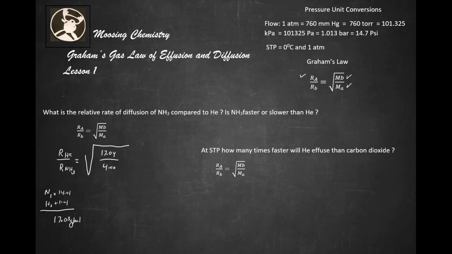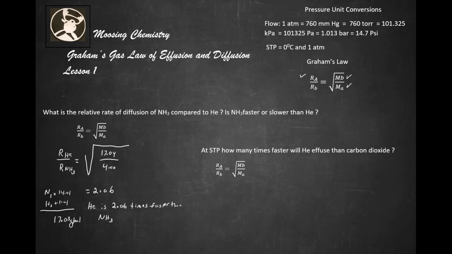So the square root of 4.26, I get 2.06. So helium is 2.06 times faster than NH3, and that makes sense because helium is a much lighter gas than ammonia.